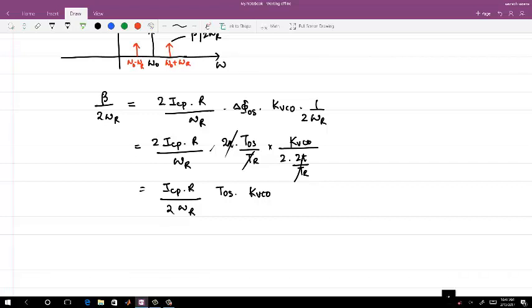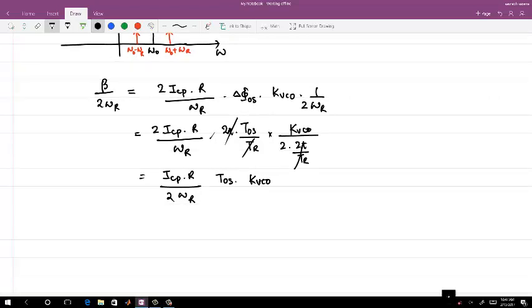So for that, let me write the open loop gain of the PLL when you are only using a type 2 PLL without the second capacitor, type 2 order 2, which is ICP by 2 pi into, this is combined PFD plus charge pump, into 1 plus, the loop filter was R plus 1 by SC1, into KVCO over S.